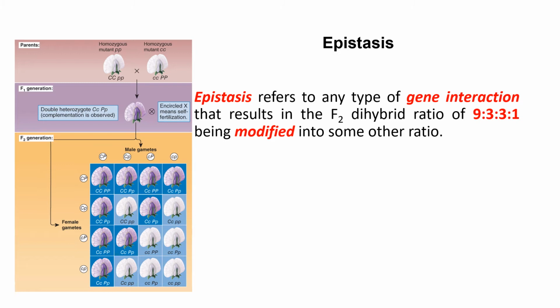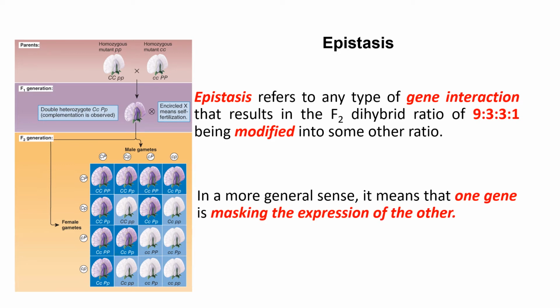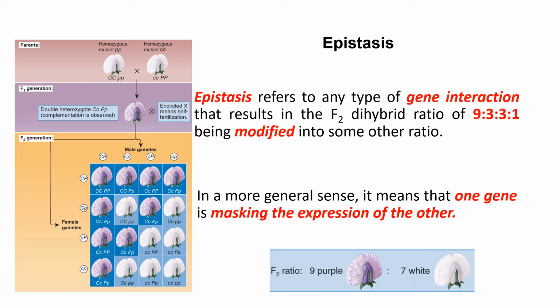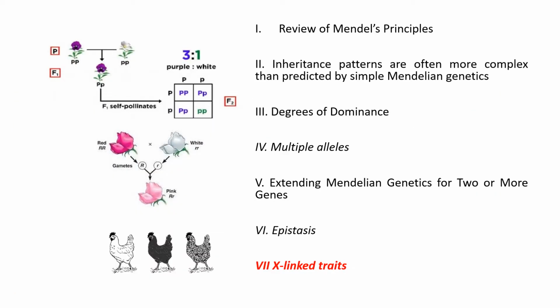This is what we talked about in the classroom about gene interaction. In some cases, one gene can mask the action of the other one. So this is why we can get this 9:7 ratio instead of 9:3:3:1.